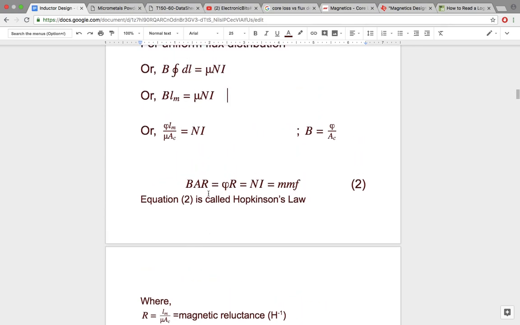This expression contains a different form of MMF. MMF is nothing but magnetomotive force, which is responsible for building magnetic flux in the magnetic circuit. These are the different ways of writing MMF, and phi times R was introduced by Hopkinson, and hence that is called Hopkinson's law.